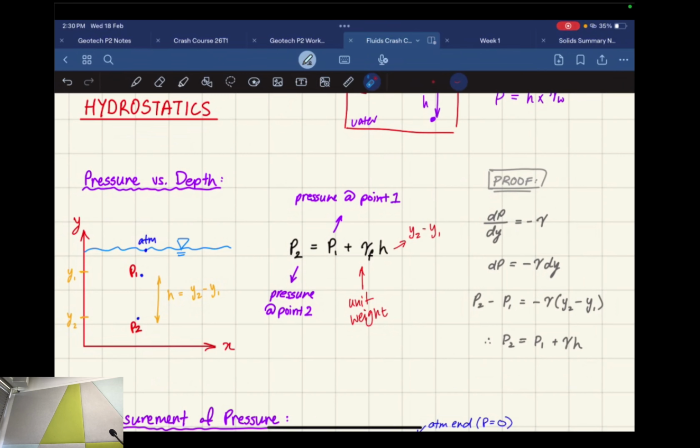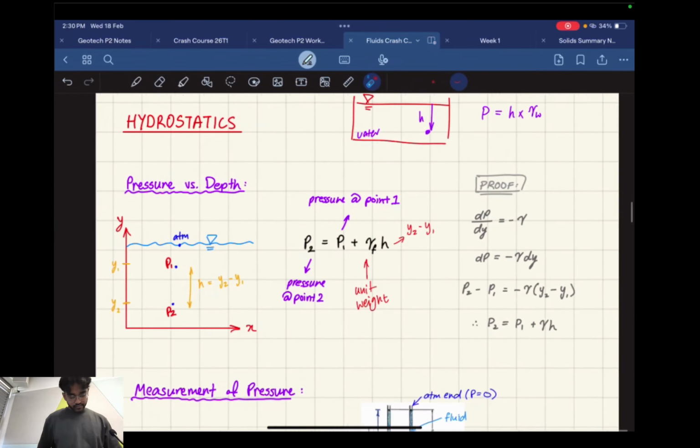It's given by the unit weight times height. It's pretty much exactly the same. The principle is that as you go deeper, your stress or pressure is going to increase.